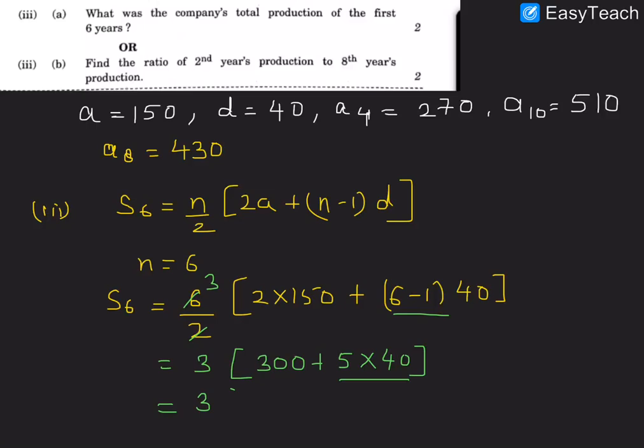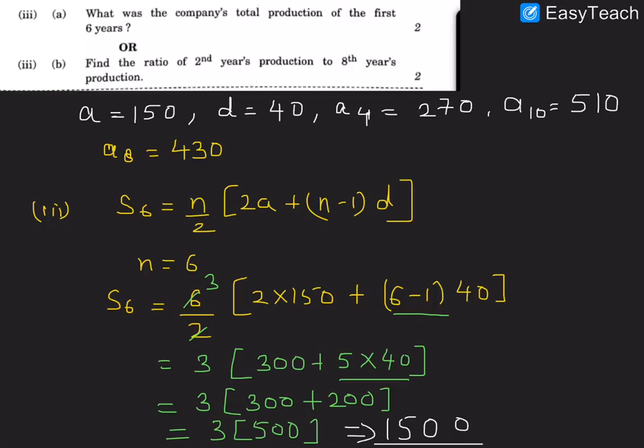So 3 into 500 comes out to be 1500. So the total production for the first 6 years is 1500 road rollers.